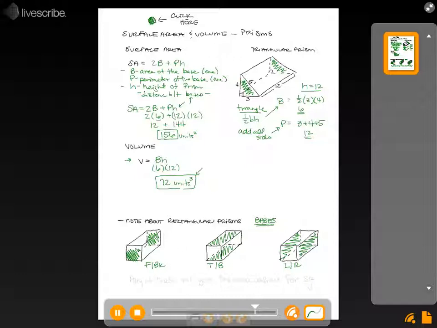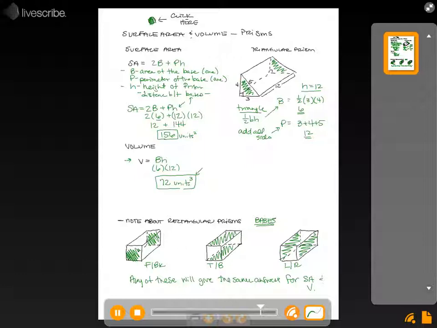Now, with a rectangular prism, any of these will give the same answers for surface area. And it does not matter for a rectangular prism.